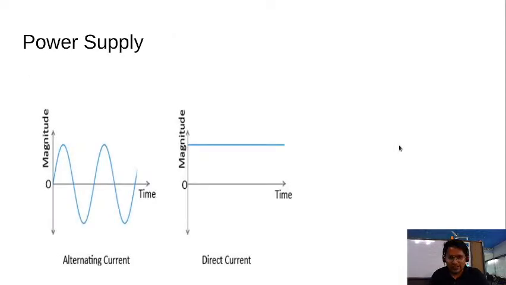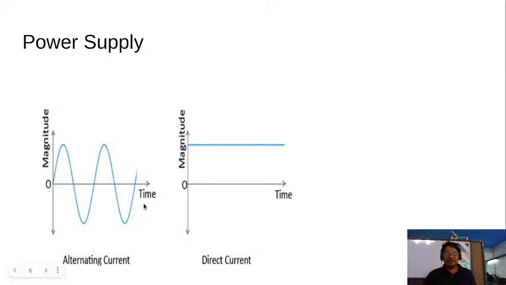Yes, so there are two kinds of power supply. In our home, alternating current comes, right? But can we store alternating current in a battery? No, we cannot. Only direct current we can store. So a robot uses direct current. A robot uses a battery which is DC.